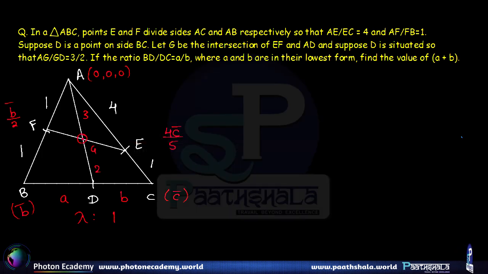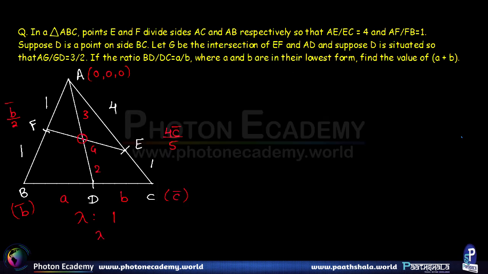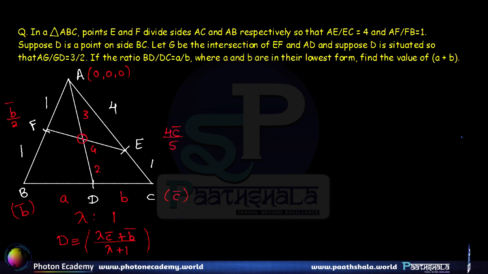And next the position vector of D. Now it will become lambda C plus 1B upon lambda plus 1. So it is lambda C plus B upon lambda plus 1. This is D. Now let us write the position vector of G in the same manner.